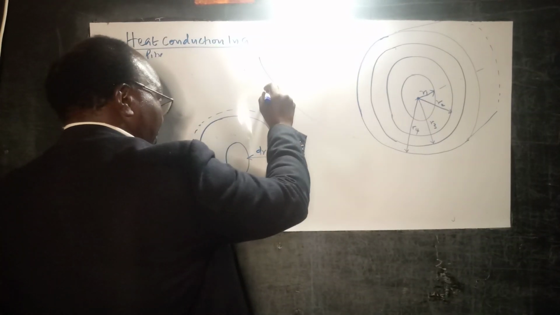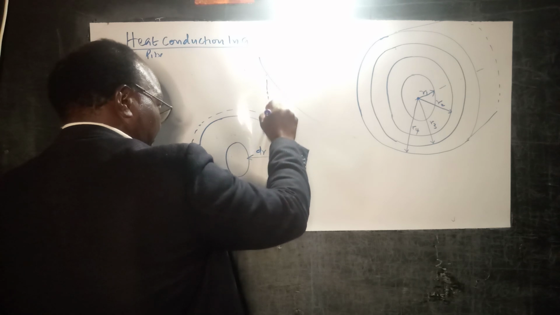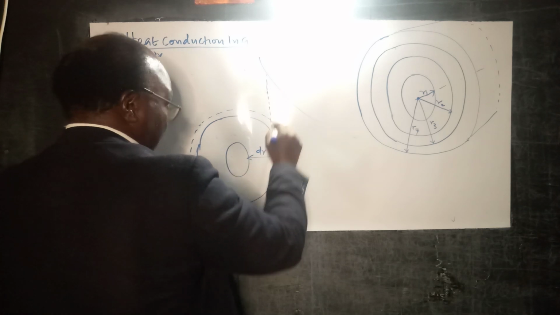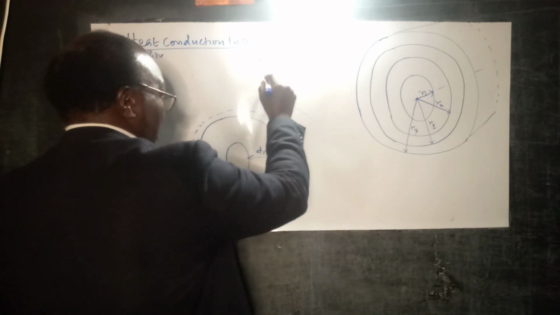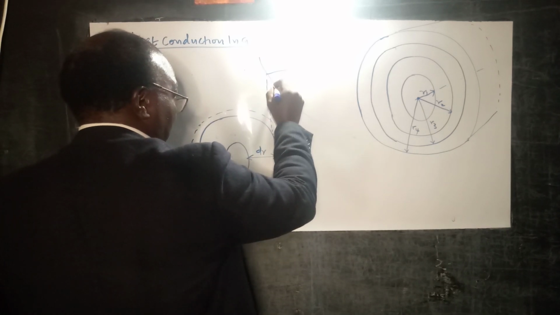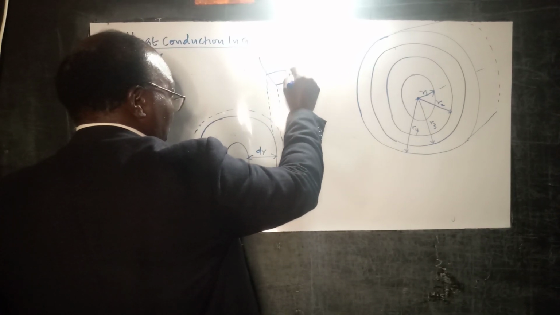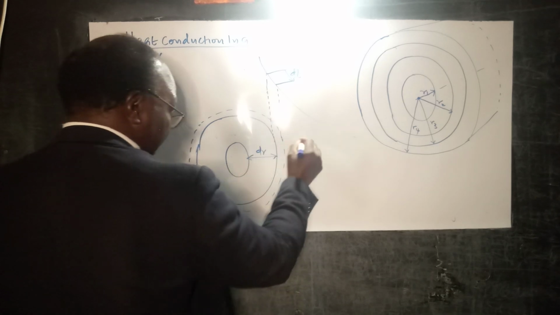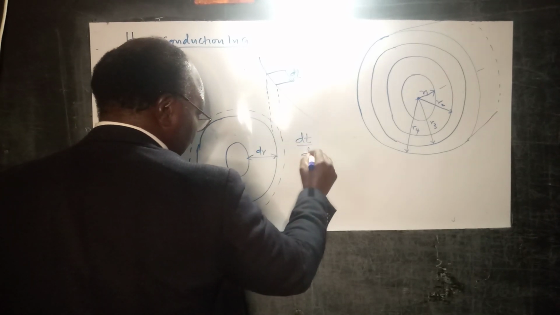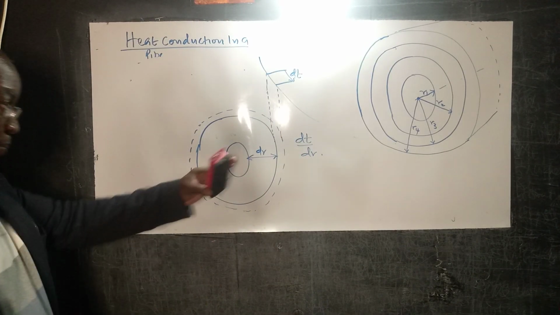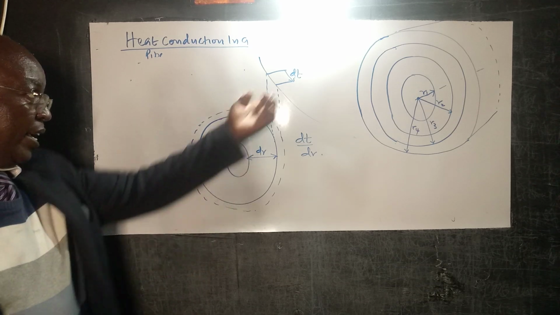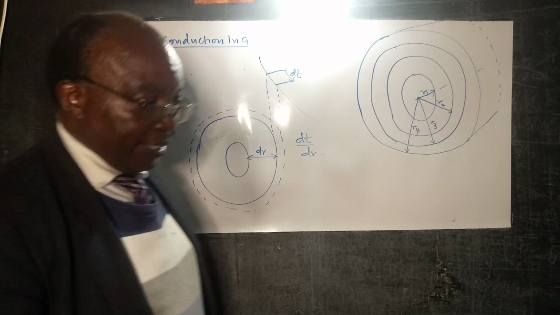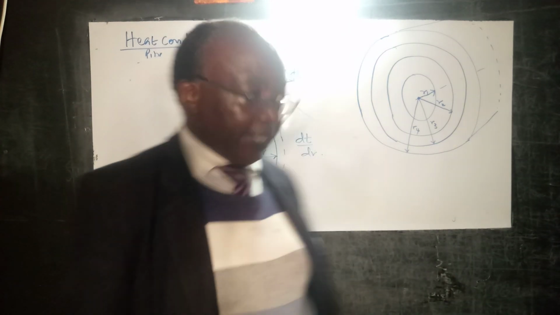Let's have that as our curve there, our temperature gradient. Let's call that dT. So our temperature gradient, dT over dr, can be captured graphically in the manner in which you're shown. The thickness is dr, and then of course the temperature gradient is dT.